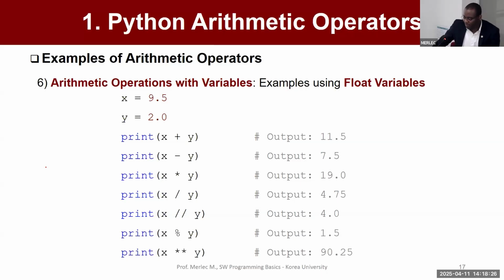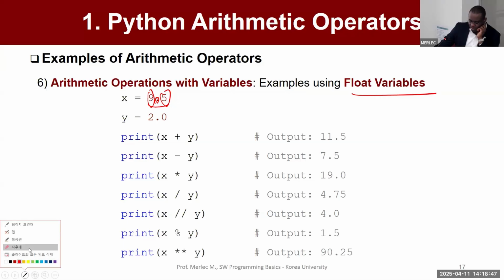So the same thing can also be applied on the float variable type. Float variable types are used to represent numbers with the decimal parts, where you have the integer value, the point that separates the integer, and then the decimal parts. So this type of value is stored in a variable of type float.